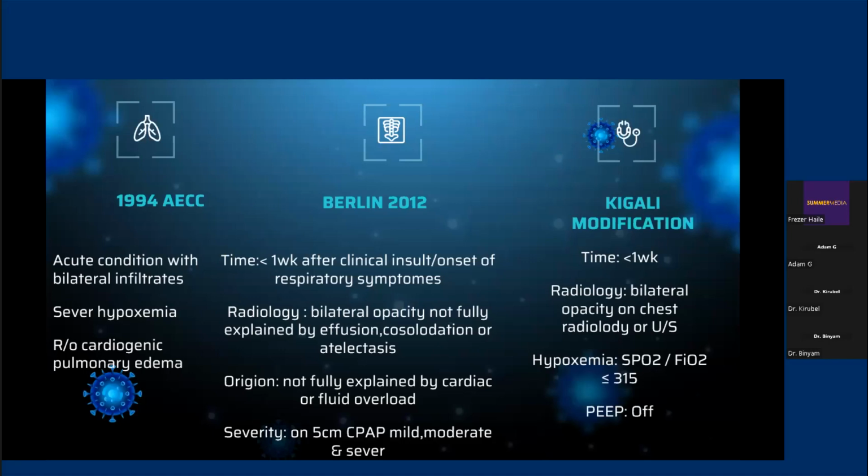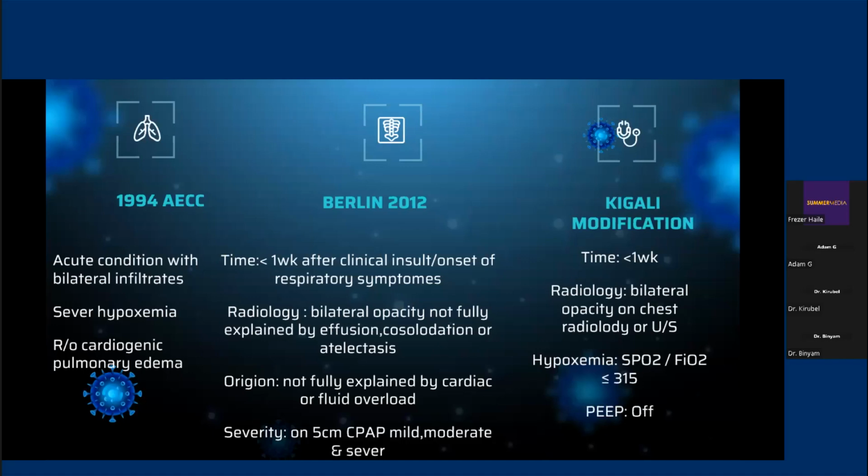They said less than 1 week after the clinical insult or respiratory symptom; that is the time limit. The radiologic manifestations are bilateral opacities not fully explained by effusion, consolidations, or atelectasis, especially consolidations related to malignancies and such.